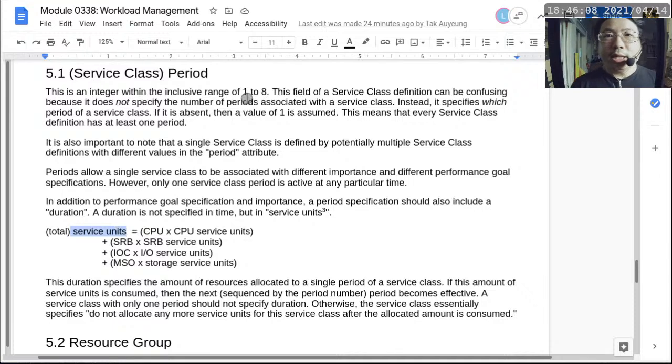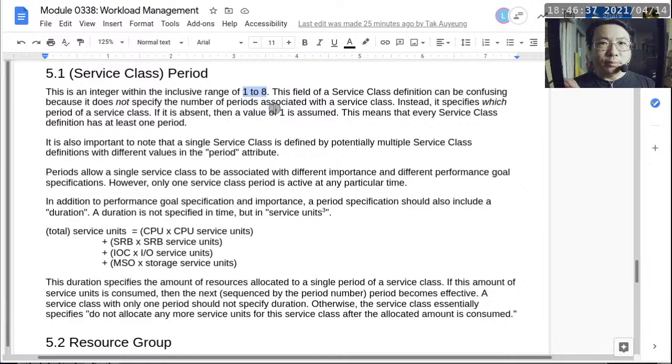So the 1 to 8 is only designating, of the potentially 8 service periods, which one are we defining? So this is an ID. This is an identifier to the definition of that particular service class period. We are basically saying, I am now defining service class period 1. Oh, okay. So that's what this number is.